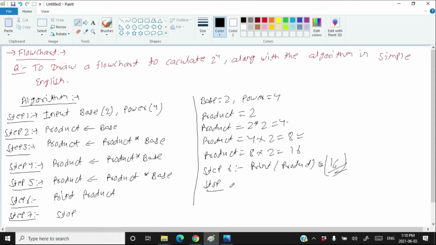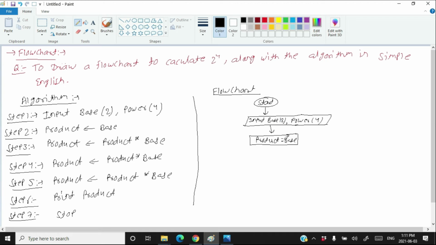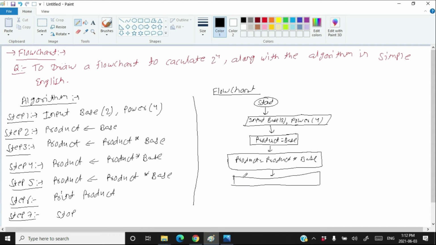Now let's draw the flowchart for it. The flowchart always starts with a start, then input: base 2, power 4. Product is equal to base, then product is equal to product multiplied by base, written 3 times. We are doing the same thing, but as a flowchart.